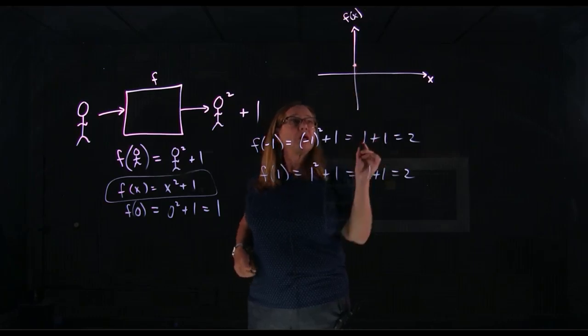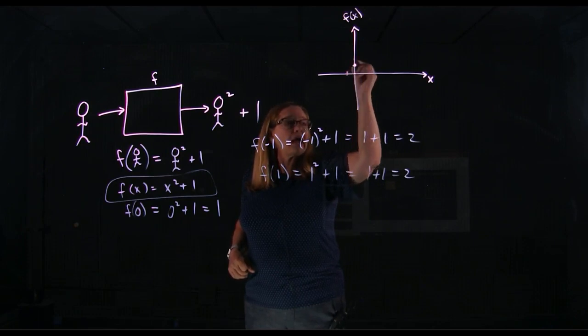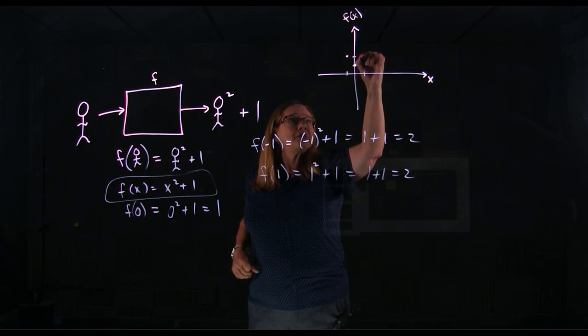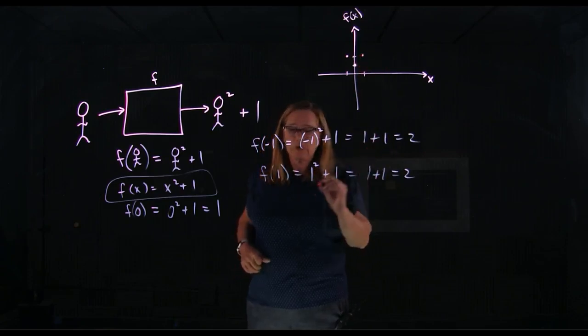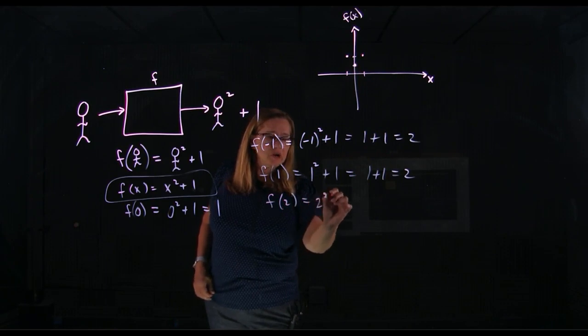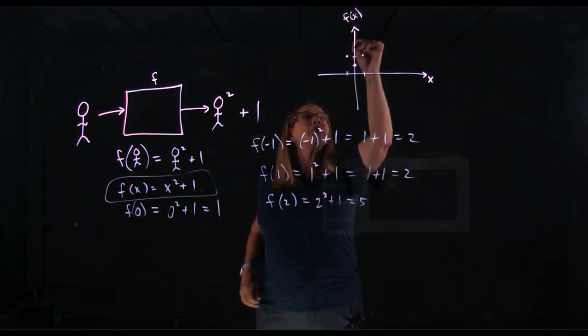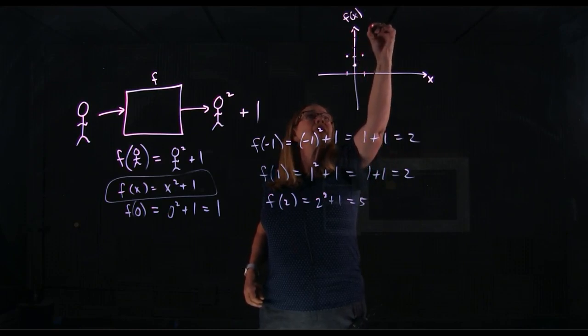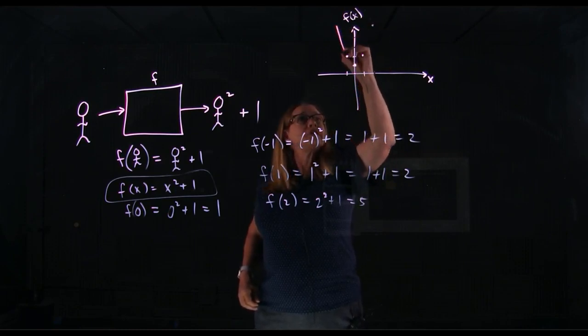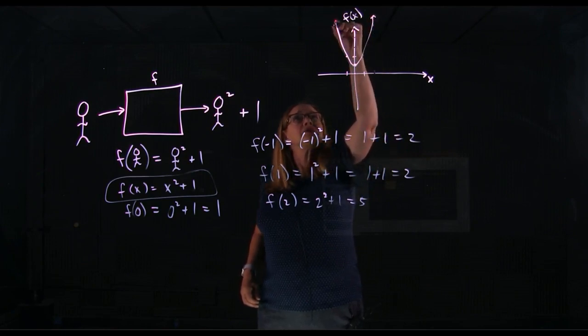When I did a negative 1 for my input, I got a height of 2. And I did 1 for my input, I got a height of 2. If I did 2 for an input, I would get 2 squared plus 1, or 5. So let's just put that point. 3, 4, 5 is going to be about there. If I put in more points and connect them with a line, I get a graph that looks like that.